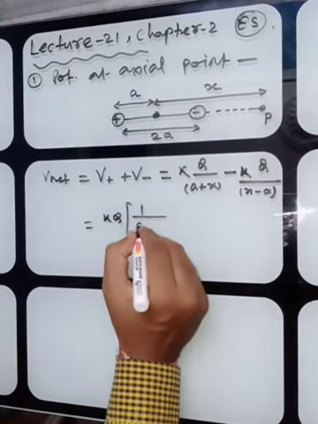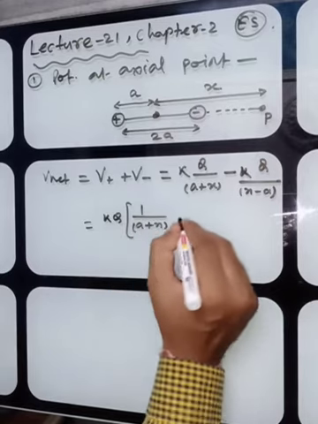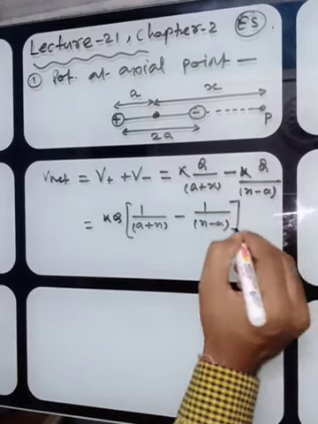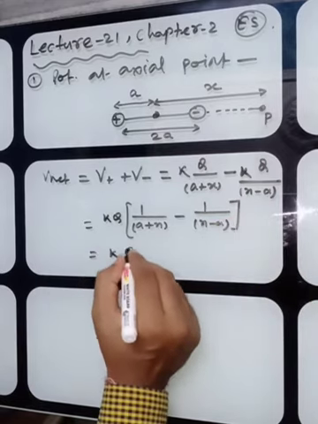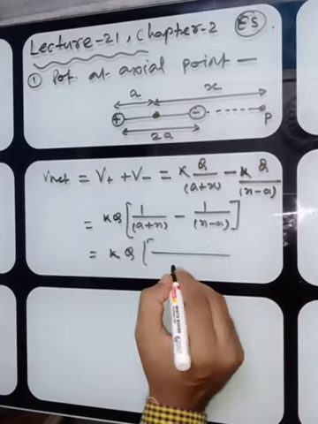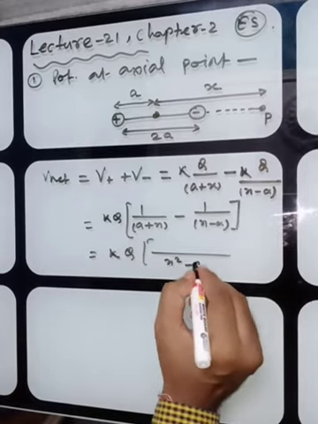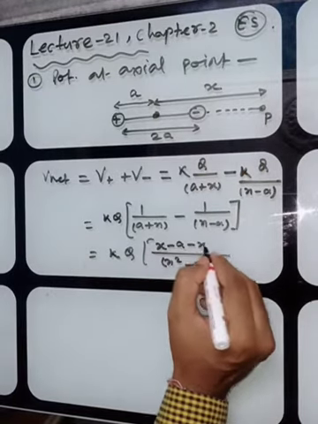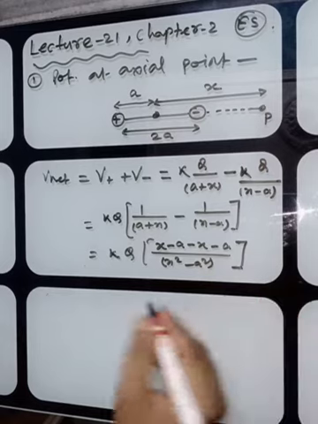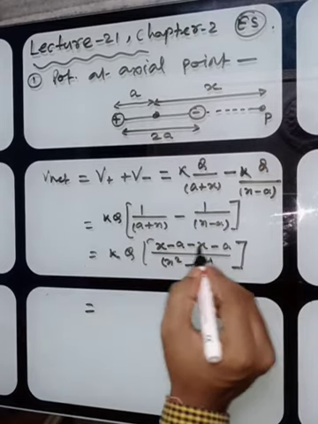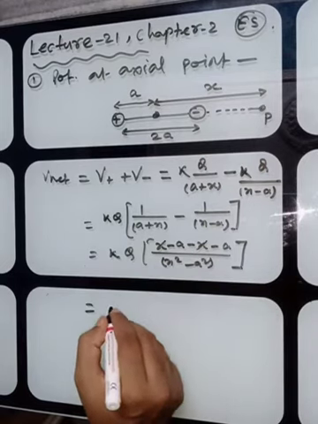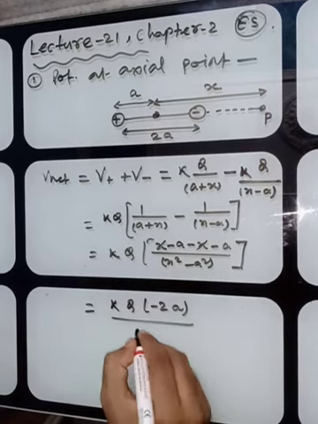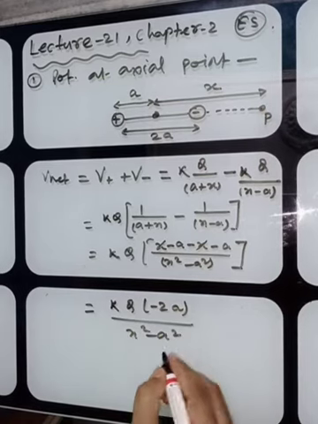1 by a plus x minus 1 by x minus a. It is KQ. For the LCM, you will take x square minus a square, x minus a minus x minus a, and this x will cancel out, so KQ times 2a divided by x square minus a square.